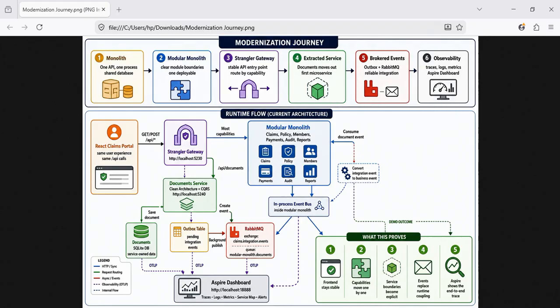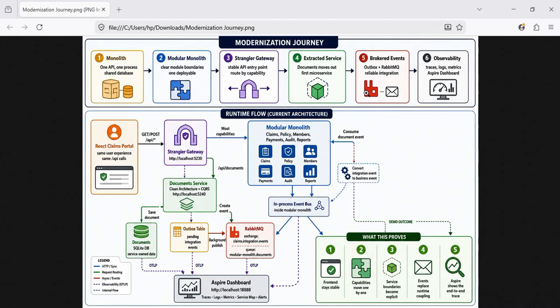And then we have the brokered events. Once the documents capability moves outside the modular monolith, we need a reliable way for both the systems to communicate. We don't want the document service to make tightly coupled synchronous calls back to the modular monolith for every business action. So instead, we introduce brokered integration events using the outbox pattern, with RabbitMQ sitting over here.